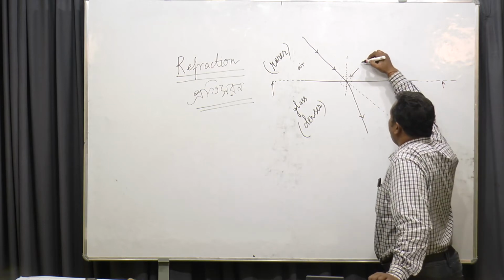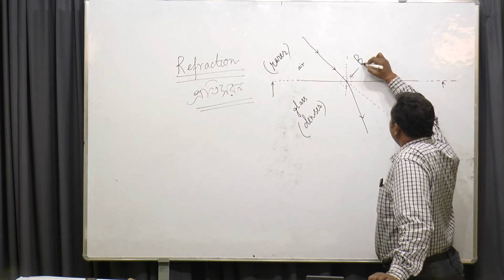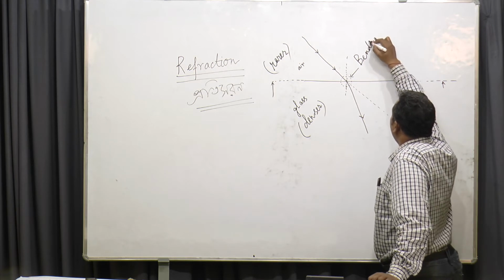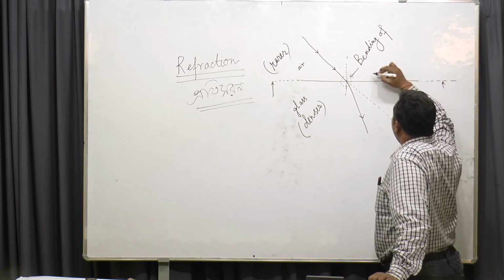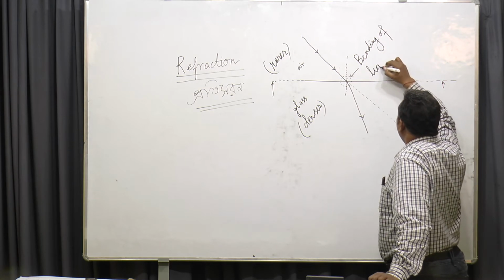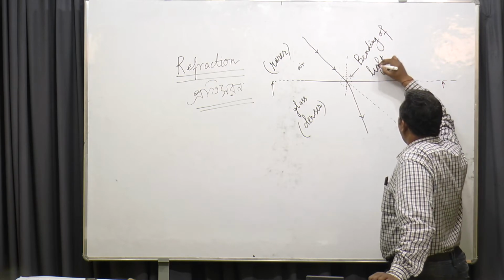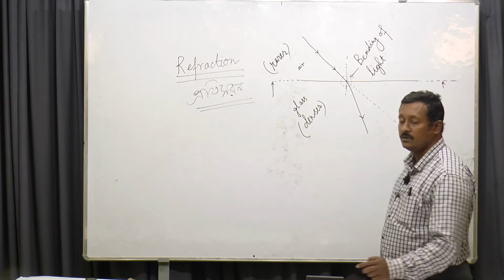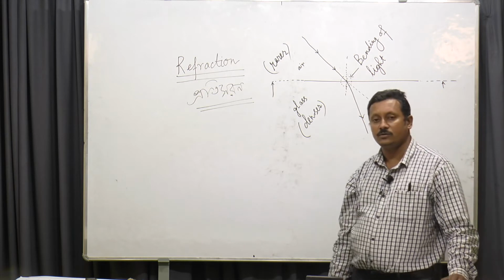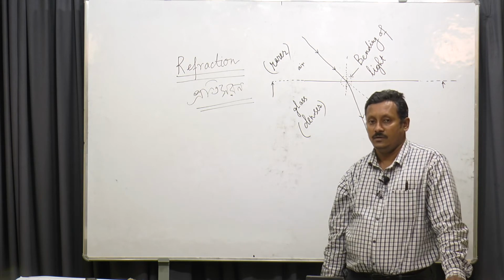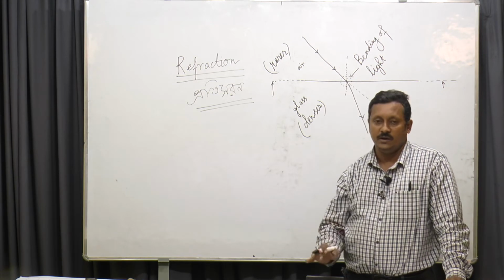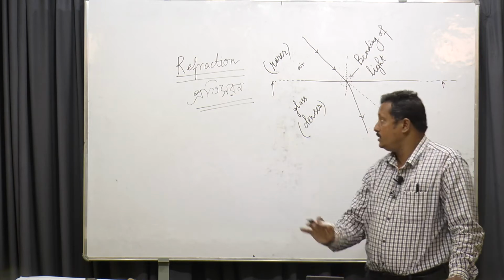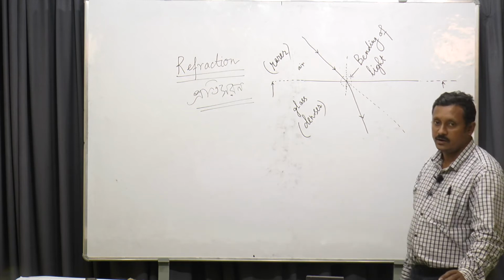So I can define it: bending of light. Remember, bending can be done without the interface. In a single medium, light bending can be done, and that is called diffraction, which I am not discussing right now.